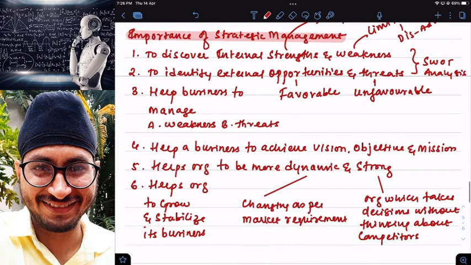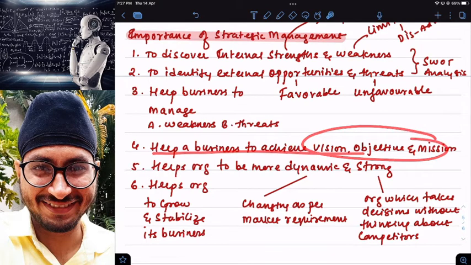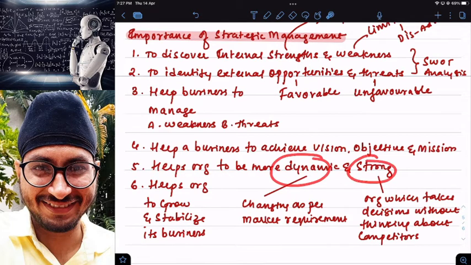So why strategic management is required, sir, for a business? So strategic management will help me to discover my internal strengths and weaknesses. It will help me to identify my external opportunities and threats. Next, it will help me to manage my weakness and threats or convert my threats into opportunities. It will help a business to achieve its blueprint, that is vision, mission, objectives, and goals. It will ensure that a company can become a dynamic and strong company.